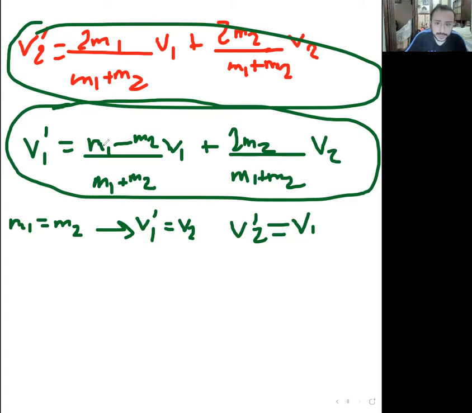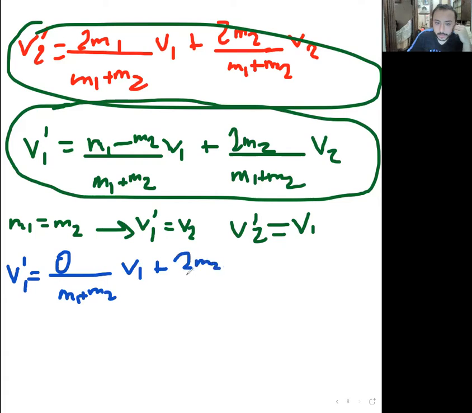And you can prove that by calculating here. I gave you the answer without calculating, so I can verify. I can calculate v prime 1 using the equation. v prime 1 equals m1 minus m2 over m1 plus m2 times v1, plus 2m2 over m1 plus m2 times v2. If m1 equals m2, then m1 minus m2 is 0, and m1 plus m2 is actually 2m2.